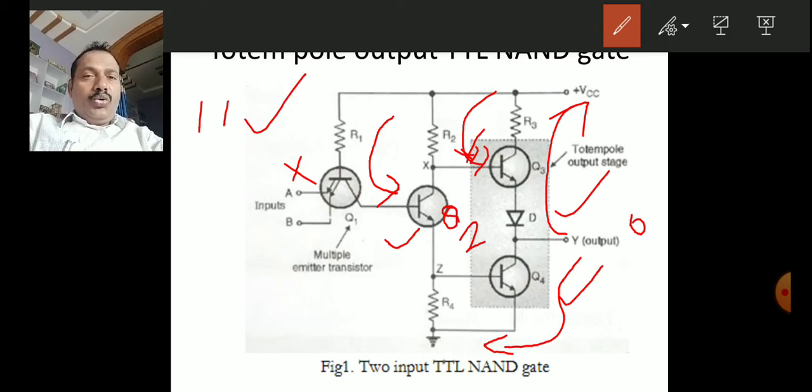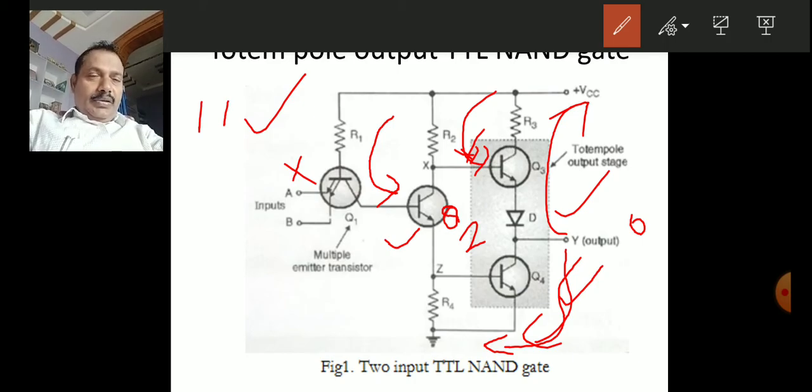That means two transistors, Q2 and Q4, conduct whenever the 1 1 combination is there, and the output is connected to ground. And whenever for all these 0 0, 0 1, 1 0 combinations, the output is connected to the power supply, because Q3 is conducting and Q1 is conducting. So this is a very important totem pole configuration of the TTL NAND gate.